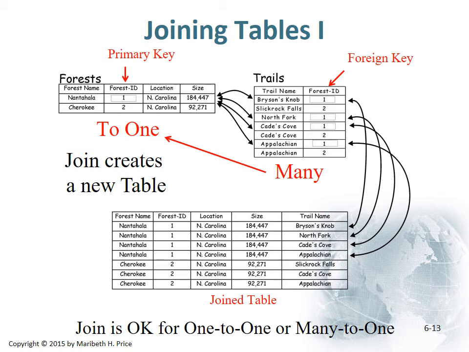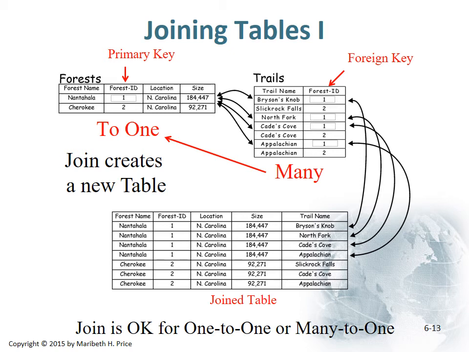If it's another table like trails that we're trying to join and link to the forests table, it has a foreign key. Okay, our table we're trying to bring in is known as a foreign table. It has a foreign key with the forest ID, although the label could be anything, doesn't really matter. But the ones and the twos in the trails table refer to Nantahala or Cherokee forests.